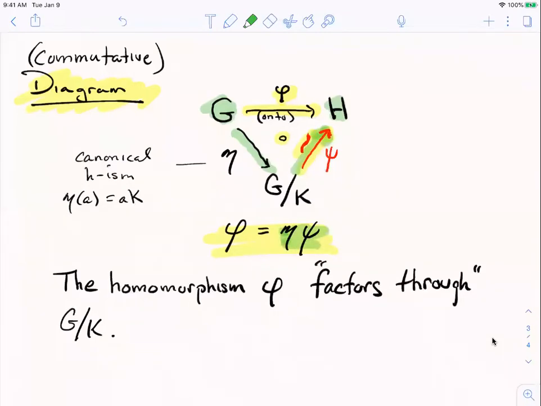First do, oh, look at that. It's never happened to me before in my life. I've made a mistake. That composition is written backwards. Let me see if I can fix it here. Because the function that goes first is eta and then psi.